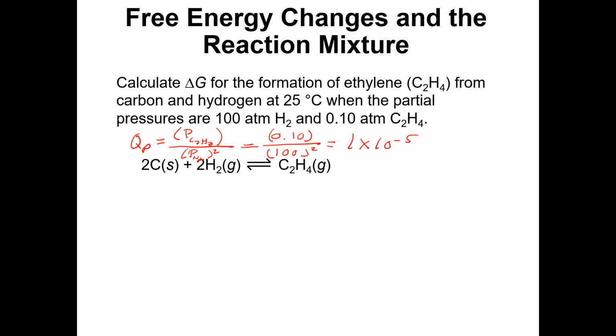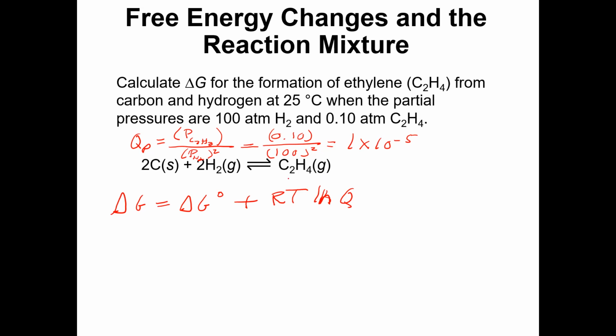So now we can plug into our equation: delta G is equal to delta G naught plus RT ln of Q. Delta G naught we can get from a table of standard values.